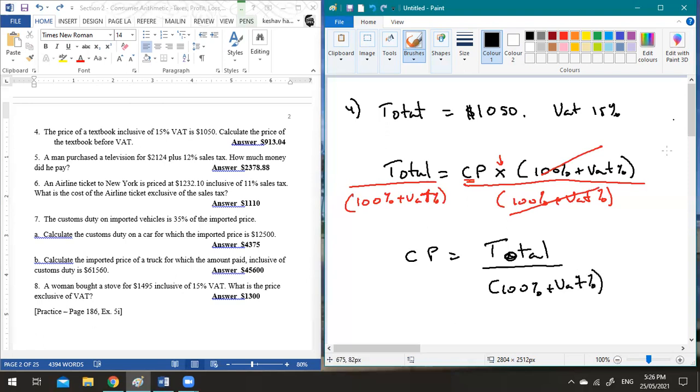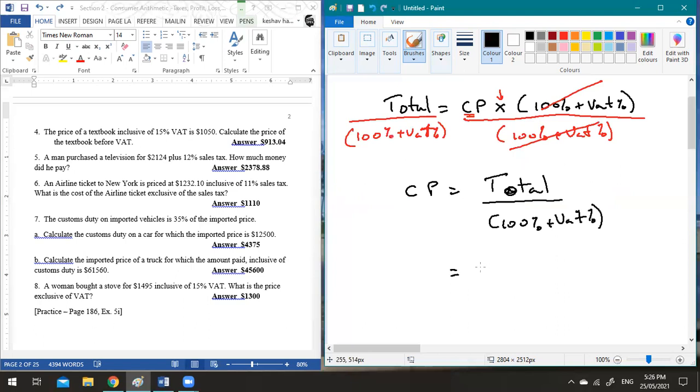So let me fill it in now. The total amount that was charged is $1,050. We know 100 plus 15 over 100 is what we're looking for.